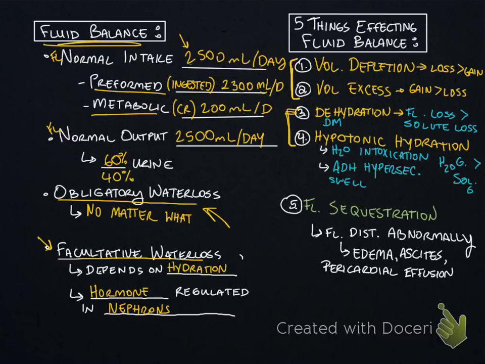Okay. What about if it was not around the heart but the lungs? Yeah, I was thinking pleural effusion. Pleural effusion. Make sure you know this one, at least. Fluid sequestration.